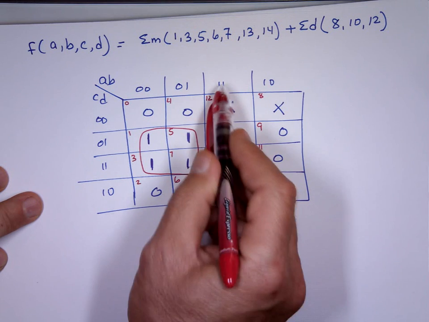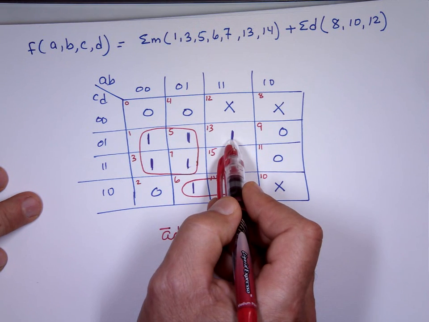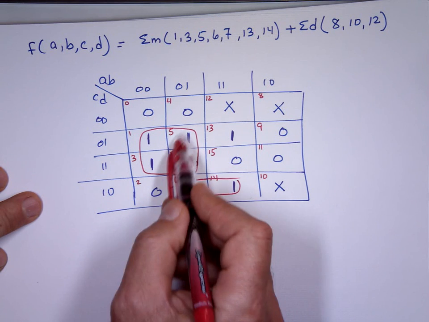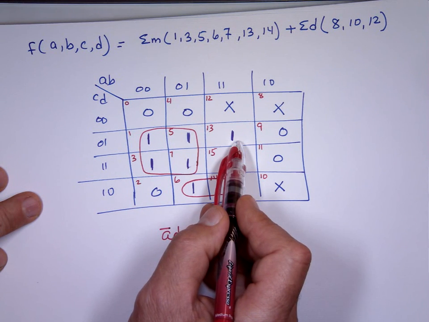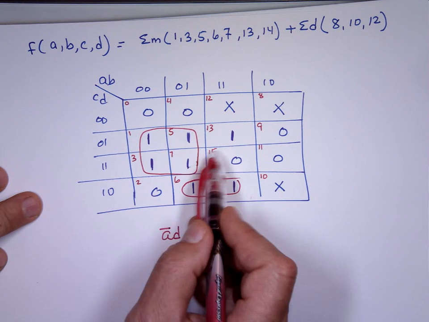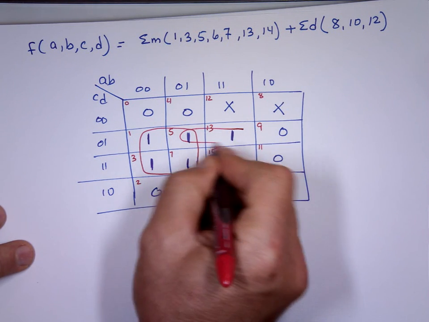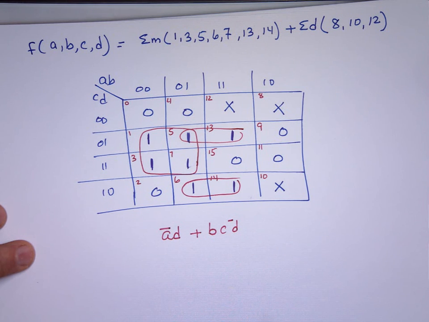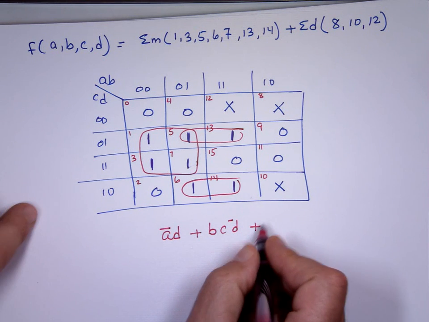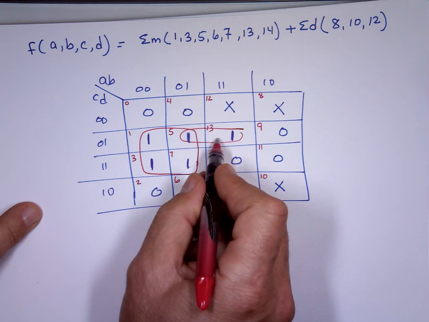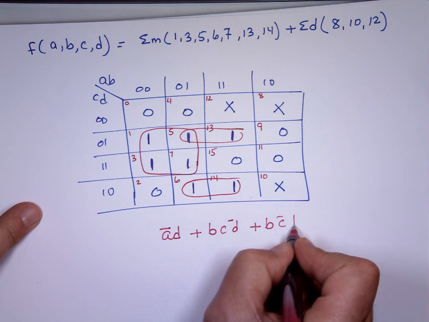A, B, and C naught. If I do it this way, I'll have what? B, C naught, D. So it really doesn't matter. So this will be B, C naught, D. Or again, I can go with that one.